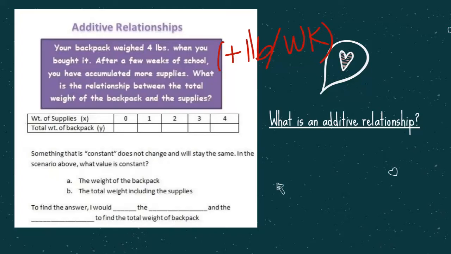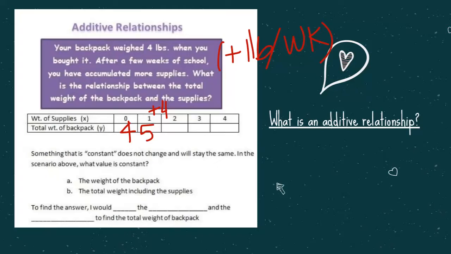So when I first bought my backpack, I had 0 weight of supplies, and my backpack was already 4 pounds. Well, now my empty backpack now has 1 pound of supplies. So notice from 1 to 5, I added by 4.